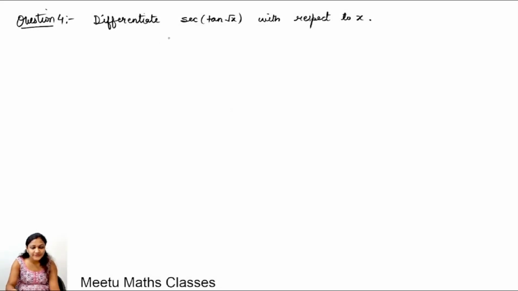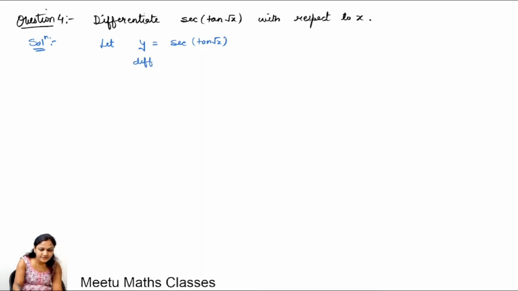Question number 4 is differentiate sec of tan root x with respect to x. Now to differentiate this function, let our function be y, that is sec of tan root x. Now we are supposed to differentiate this function with respect to x.